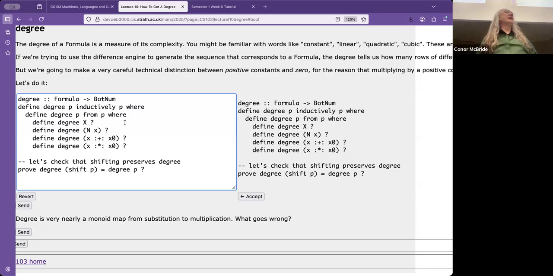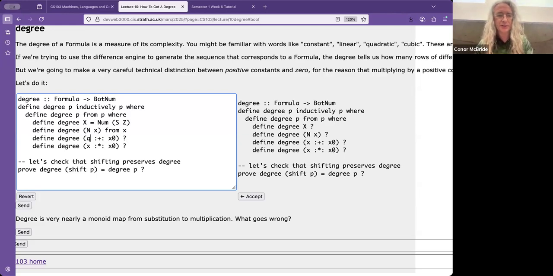X is most definitely linear in X. Okay, but as far as the numerical constants are concerned, I'm going to have to look at the constant to see whether it's 0 or not.